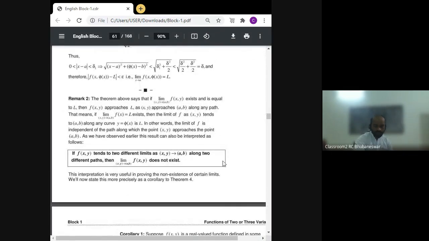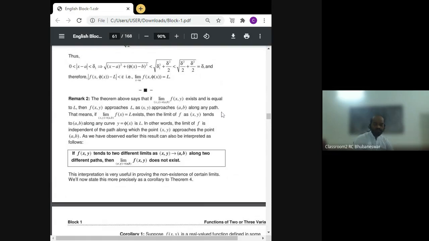So look at the box highlighted here in bold alphabets. This is a note we always have to keep in mind. So let us first discuss the remark. Whenever you calculate the limit of a function having two variables, we represent it like this: limit as (x,y) approaches (a,b) of f(x,y) exists and equals L. Then you can say that the function f(x,y) approaches L as the point (x,y) approaches the point (a,b) along any path.